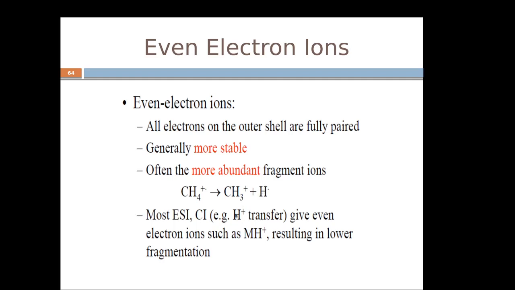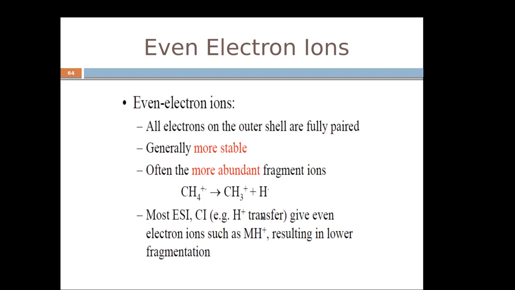Sometimes it could also happen that the molecular radical species CH4 dot plus, that is already present in the system, could abstract this hydrogen radical to form an MH plus species. That means in the case of CH4, it could form a CH5 plus species, and this one will show up at exactly 1 unit m/z value greater than the m/z value of the radical cation. And this one is more stable than the radical cation.